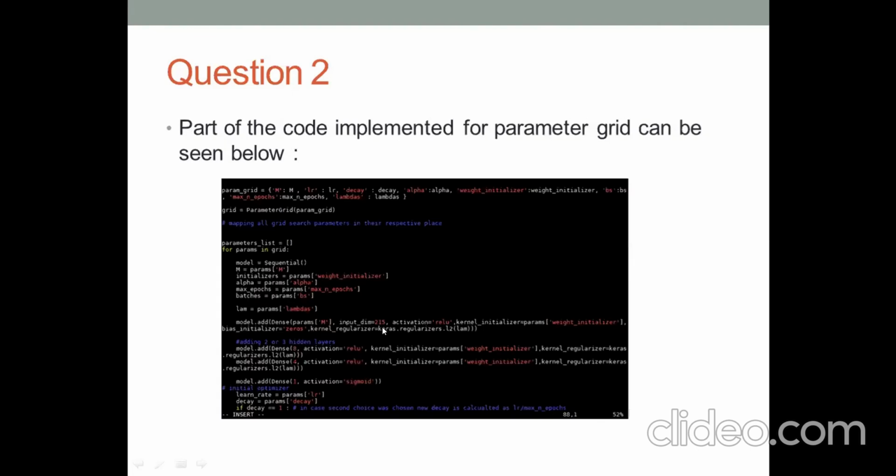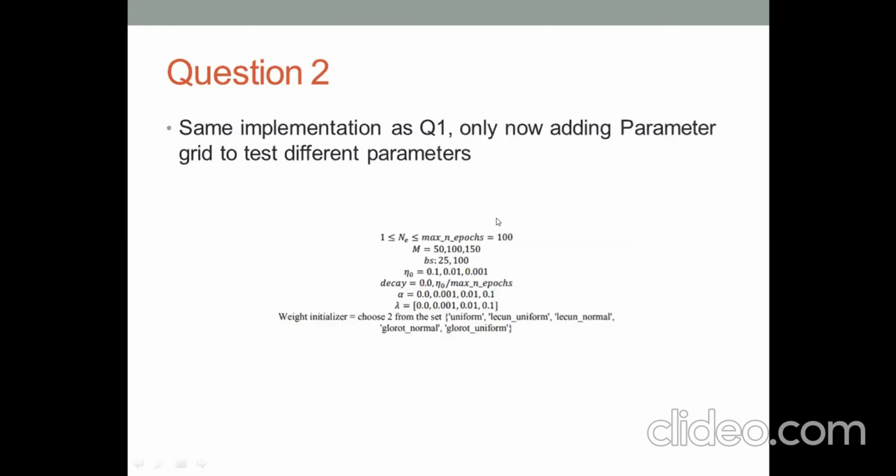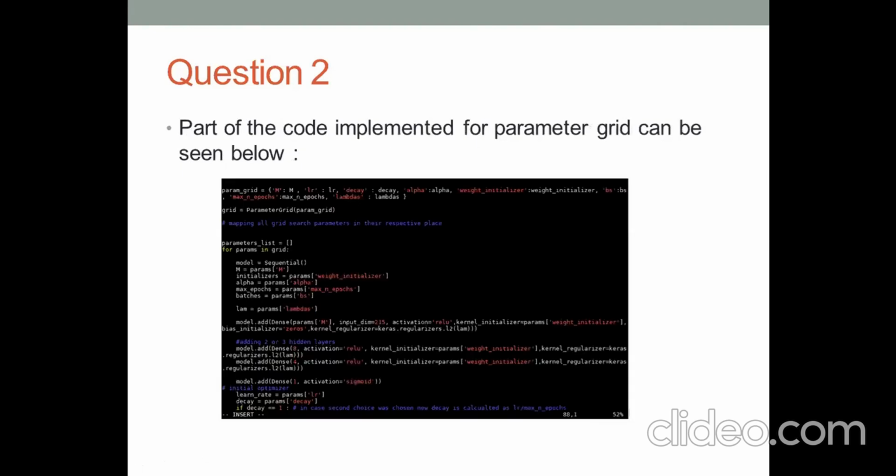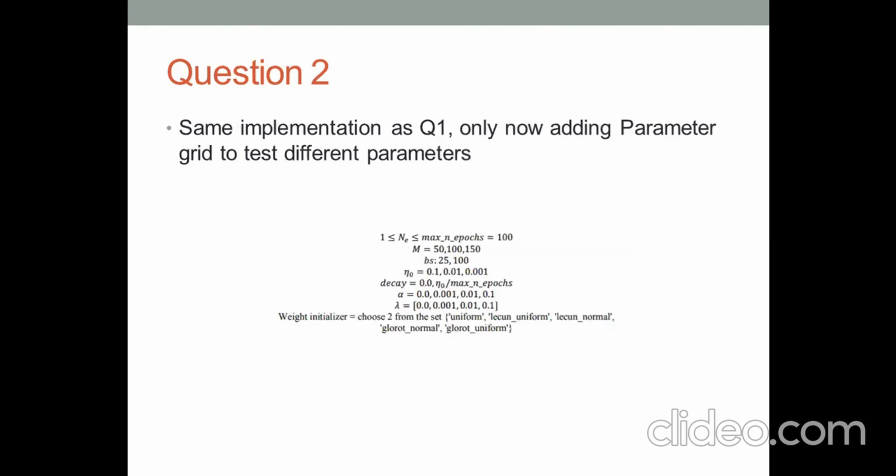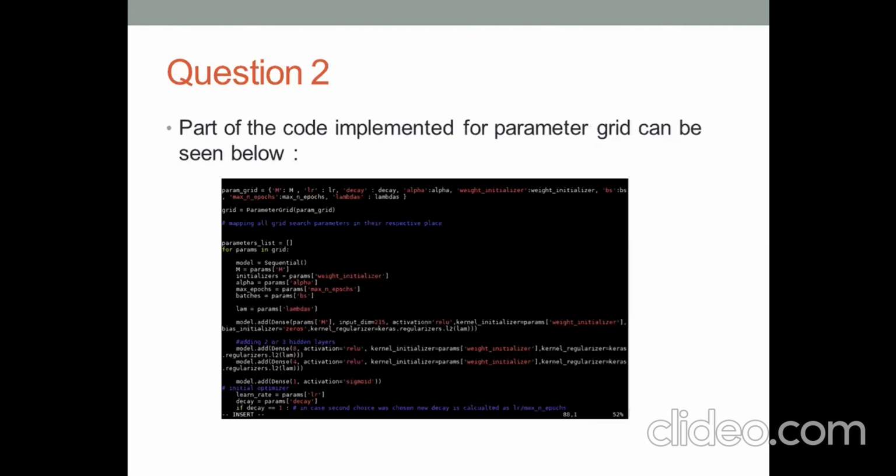Okay, can I see the code again? For the initializer, I used uniform and Lecun uniform. You used the train set and validation set to optimize the parameters?